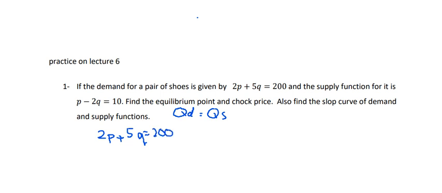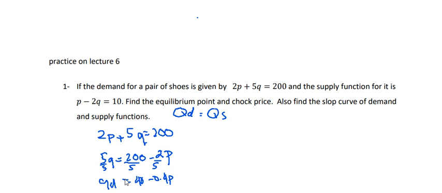Q is the dependent variable, so we transfer 2P to the other side. You get 5Q equal to 200 minus 2P. Divide by 5, and you get QD equal to 40 minus 0.4P. This is the quantity demanded.